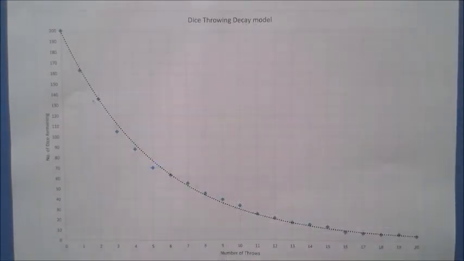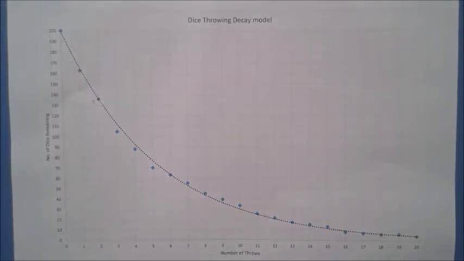Okay, so here is a graph of the results for the dice throwing experiment, and you can see, although there's some randomness in there, as we said, places like here we've got a slightly odd result, and here we've got one that's slightly above. It actually fits the best fit line really well, and this is called exponential decay.